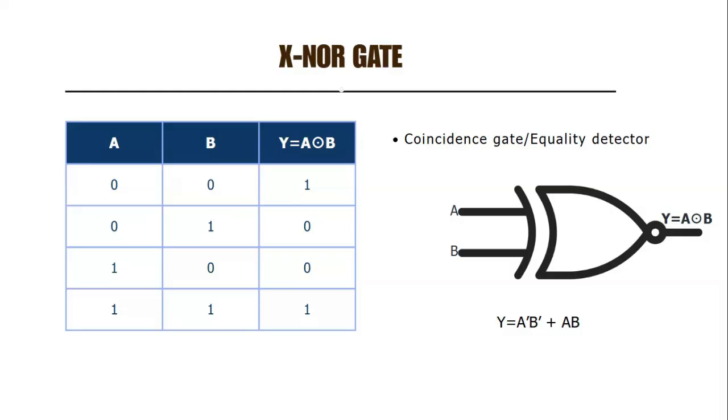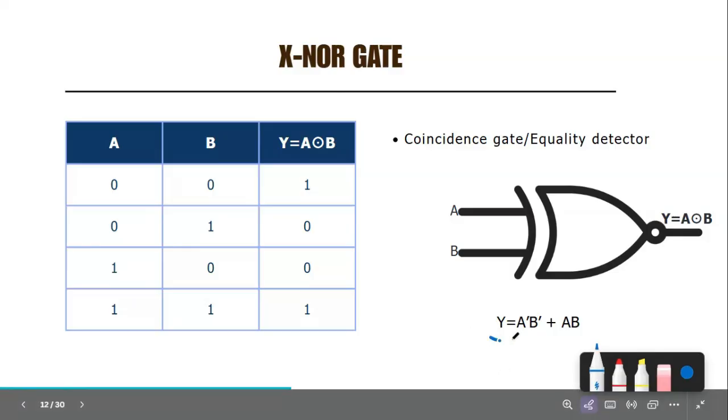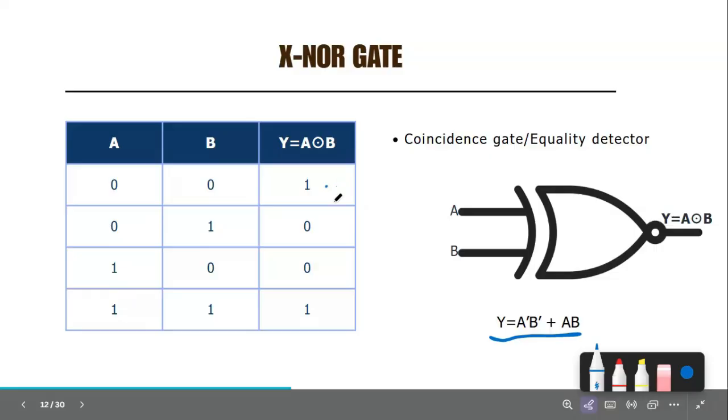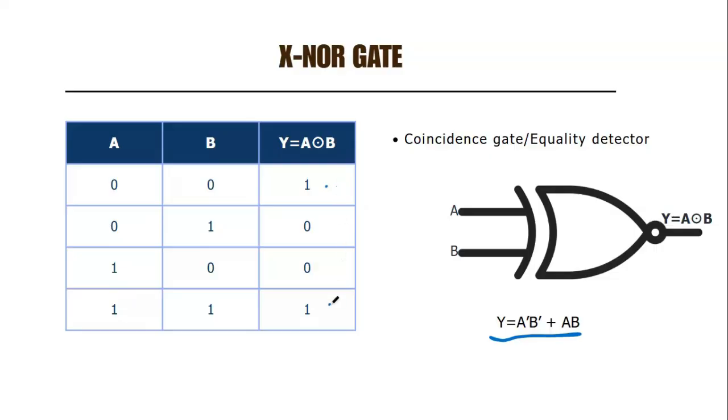As we have seen previously, the XNOR operation is given by the expression Y is equal to A complement B complement plus AB. In the case of the XNOR gate, the output is a 1 when both the inputs are equal. Hence, it is called a coincidence gate or an equality detector.